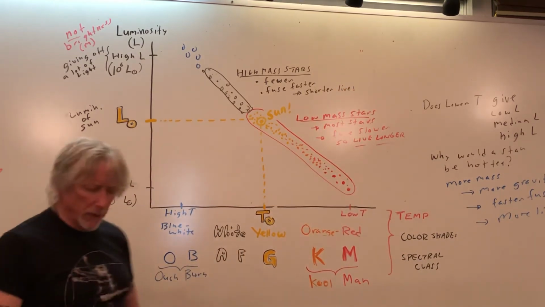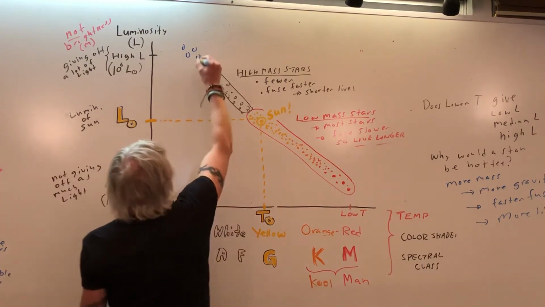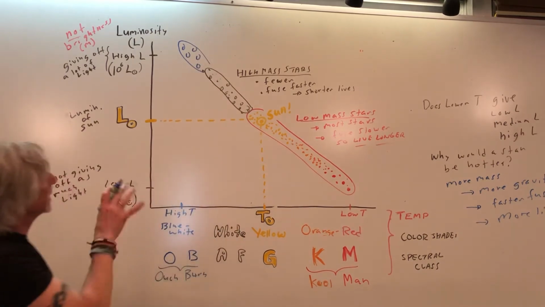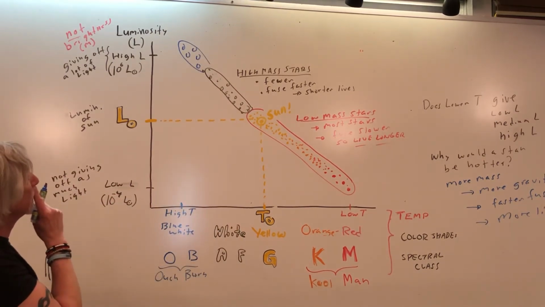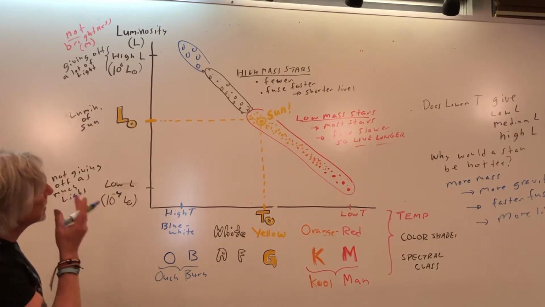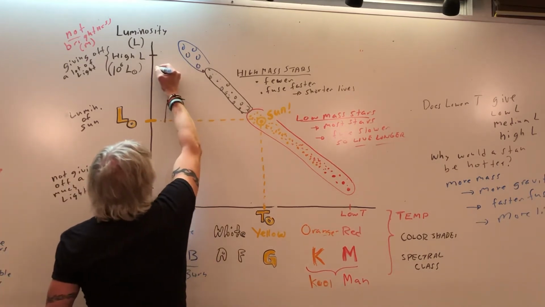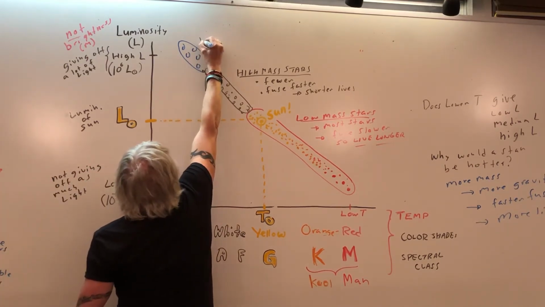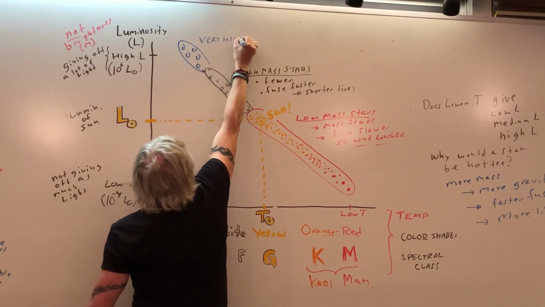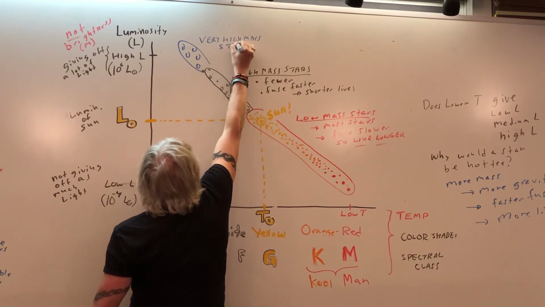Have I got room? I think I've got room. Okay. And then up here, well, what have you got here? Very high mass stars.